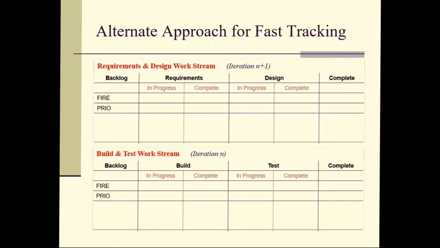This is called agile fast tracking, where we're building and testing the deliverables for this work stream in the bottom Kanban, and in the top Kanban, at the same time, the designers are gathering requirements and doing design of next iteration's work so that the design will be ready for the builder's next iteration, right? So we're doing the requirements to design one iteration in advance of the build and test. That's another agile technique reflected here.